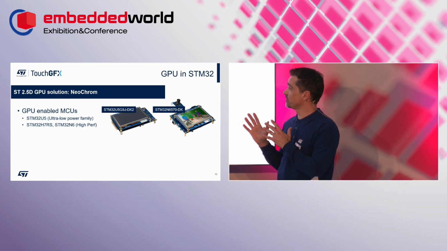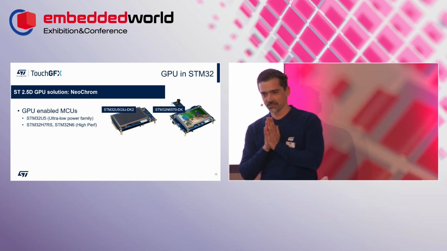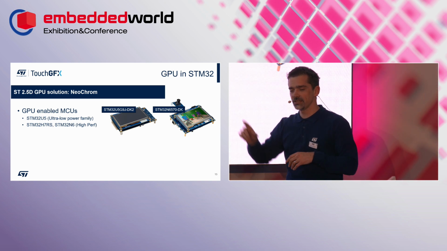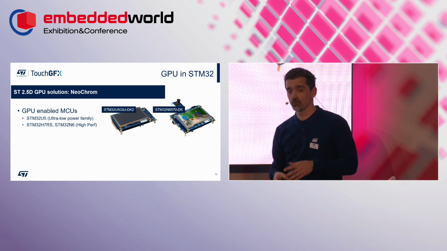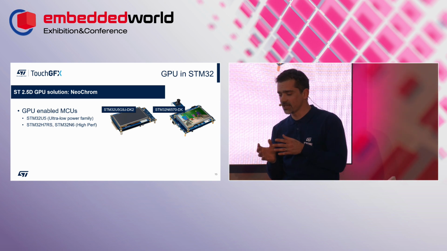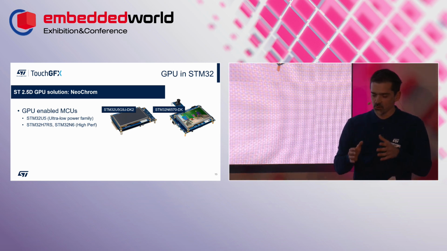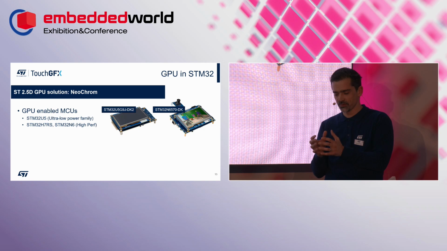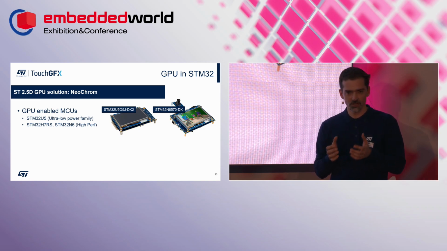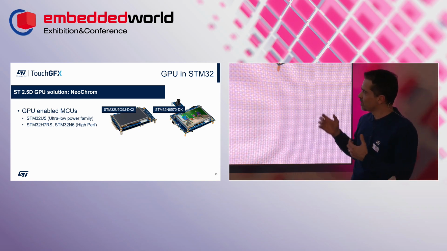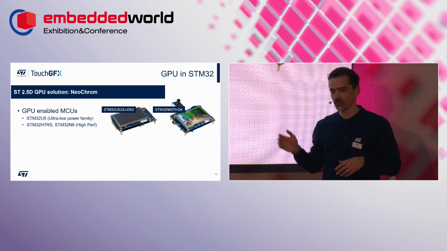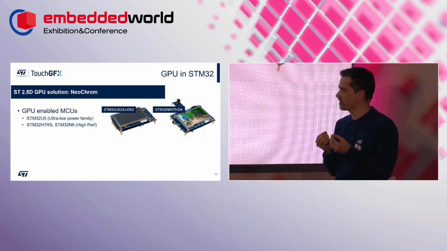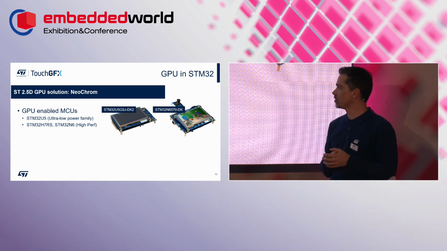The first one that was enabled with that, and it's important, is a U5. And U5 is part of the ultra-low power family. So you see that I'm not lying when I say that we can integrate a GPU but still keep the low power capabilities of a microcontroller, because it has been integrated first on one of our products from this very family that is dedicated to ultra low power.